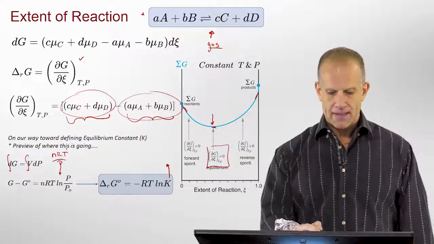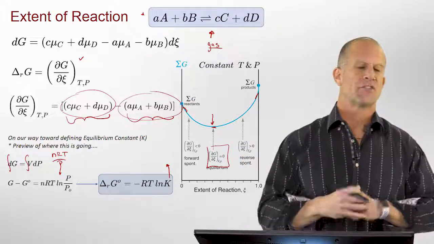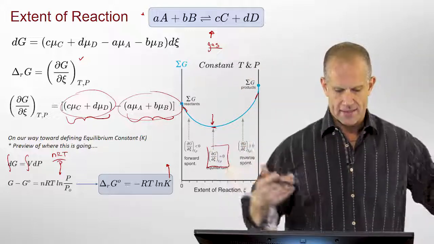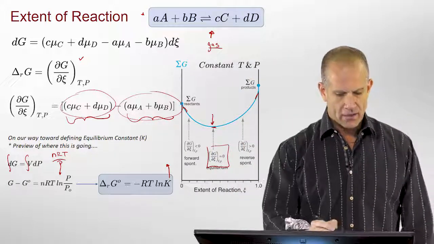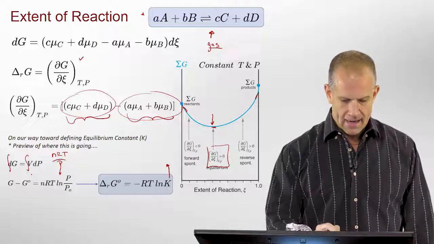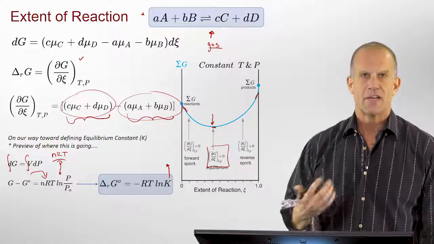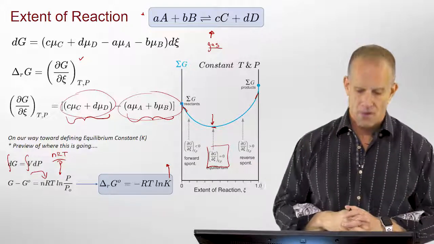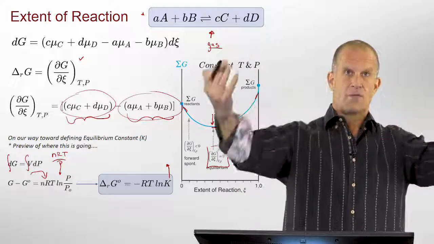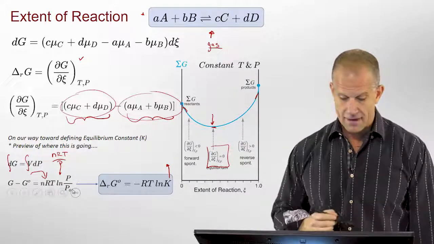So we often start with simple gas phase reactions, treat them ideally, and we can look at the Gibbs free energy. It will go as nRT times the natural log of the pressure over your initial pressure, which we often call P0, right?